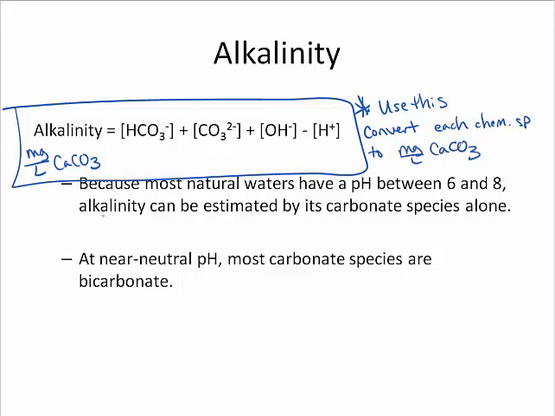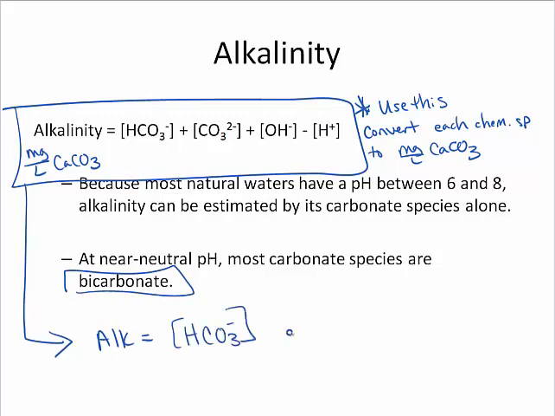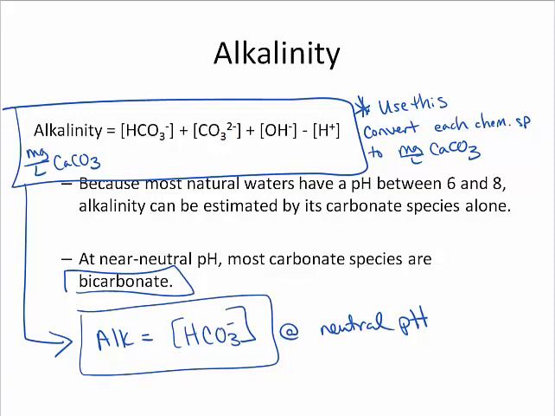Now, because most natural waters have a pH between 6 and 8, and because at neutral pHs the dominant form of carbonate is bicarbonate, this form of the equation can be simplified as alkalinity equals bicarbonate at neutral pH. In your homework, I ask you to sometimes calculate the exact alkalinity, which would be the long form, or to estimate the alkalinity, which may be the short form.